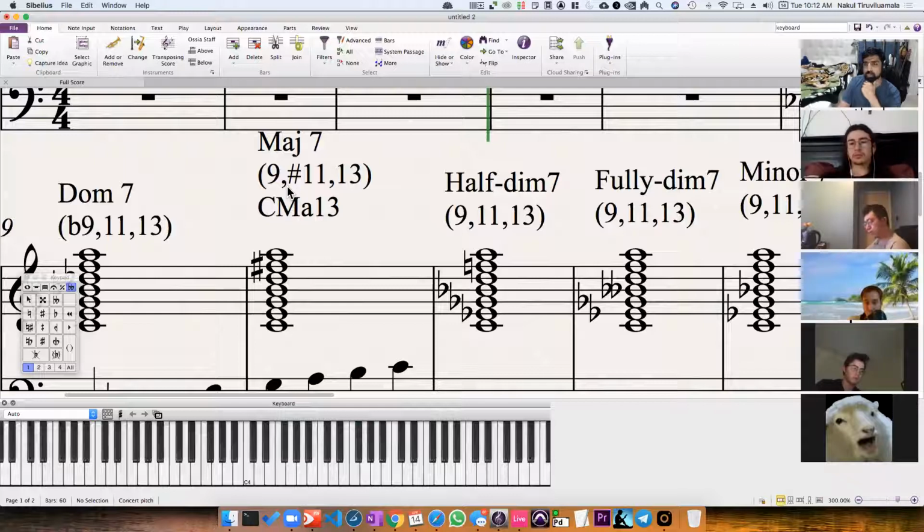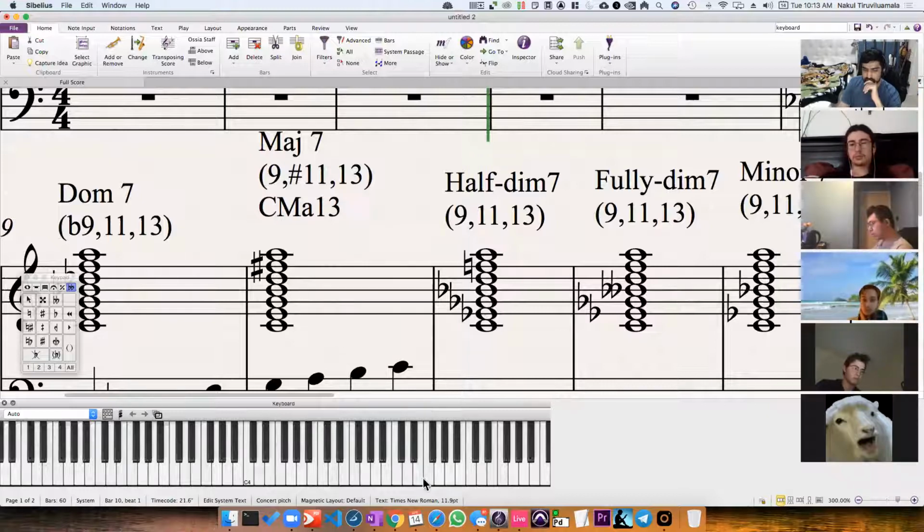However, there are certain extensions that are assumed to go with certain chords. So for instance, a jazz player would never play a vanilla 11 in a major 7 chord. They would play a sharp 11. So when you see a C major 13, the assumption is that there would be a sharp 11 and a 9 in there if you were actually to play this.